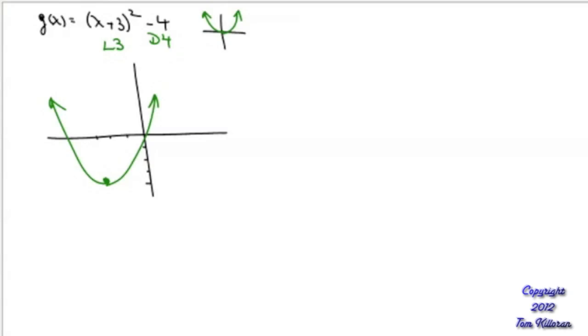How about h of x is equal to negative the cube root of (x minus 2) minus 3. Now we're going to flip. We're going to go down 3, to the right 2, and flip it.